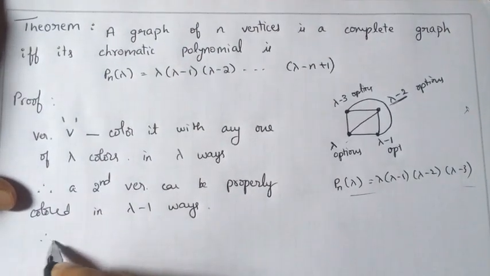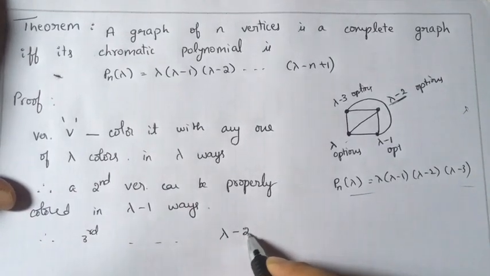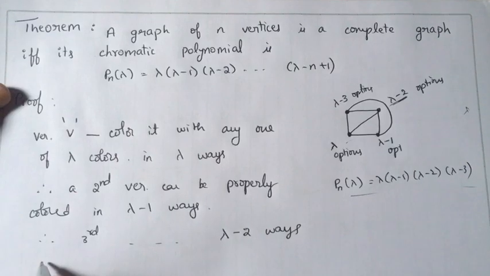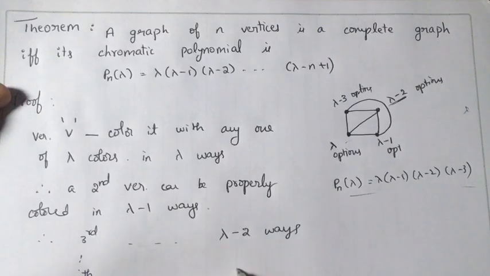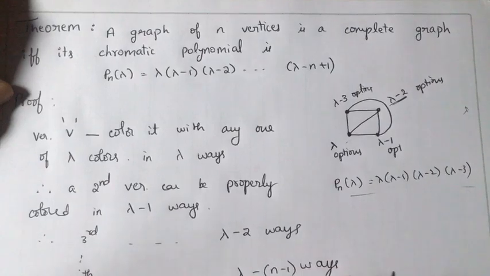Like that, the third vertex can be colored in lambda minus 2 ways. Like that, when I come to the nth vertex, that can be colored in lambda minus n plus 1 ways.